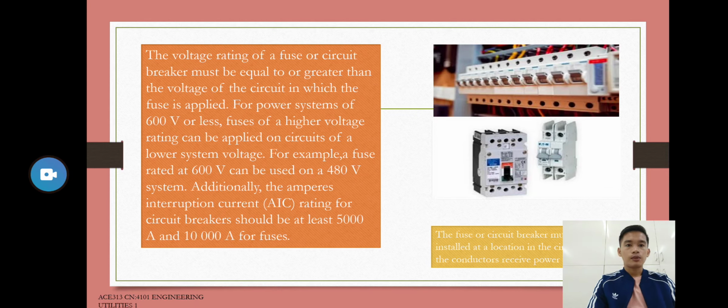For example, a fuse rated at 600 volts can be used on a 480 volt system. Additionally, the ampere interrupting current, or AIC rating, for circuit breakers should be at least 5,000 amperes, and 10,000 amperes for fuses.